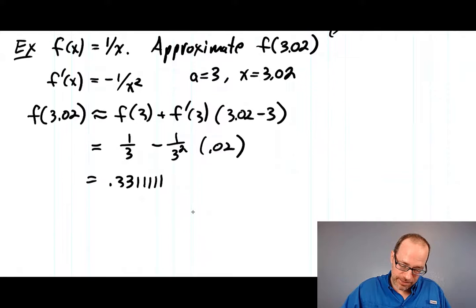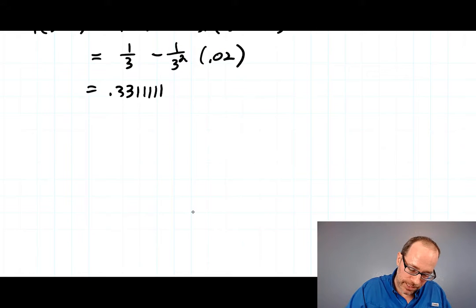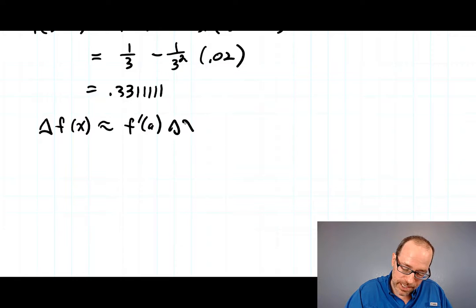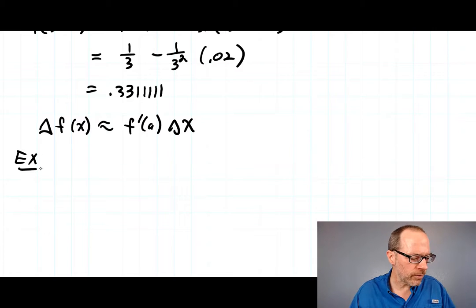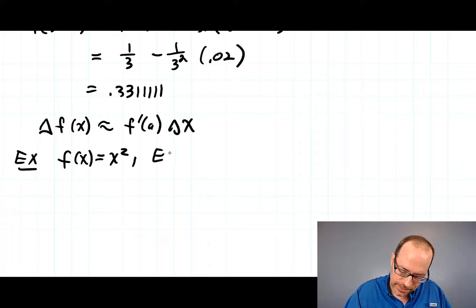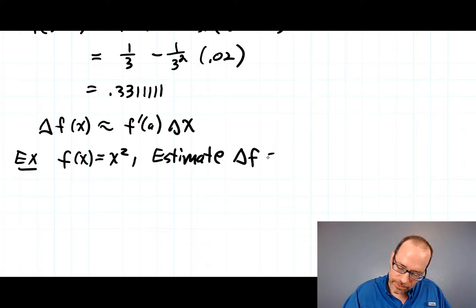All right, here's the second variant of this problem. And remember, it depends on this formula, that the delta f of x was approximately f prime at a times the delta x. Okay, so here's an example of that. So suppose f of x is x squared, and then let's estimate delta f, where we're looking at f of 3.02 minus f of 3.